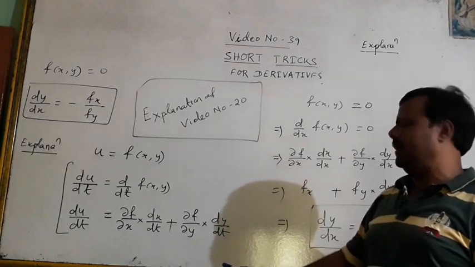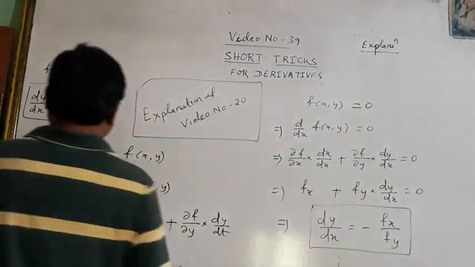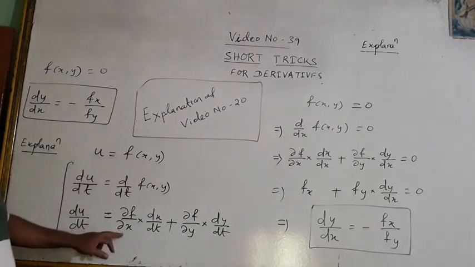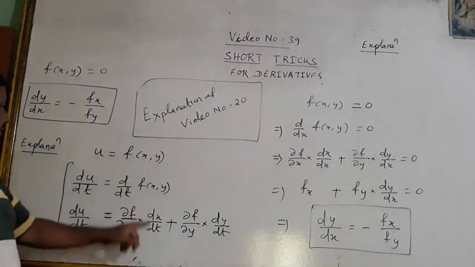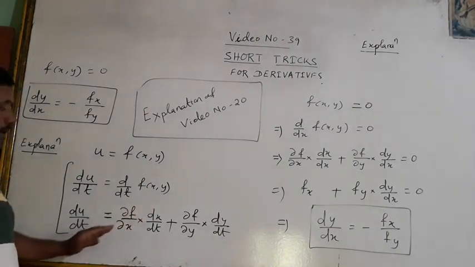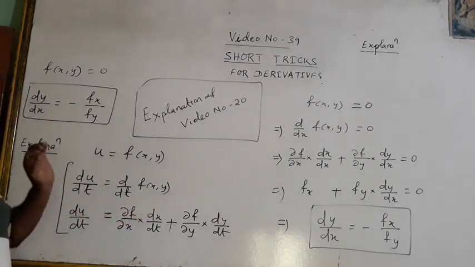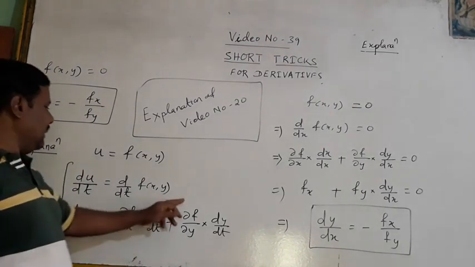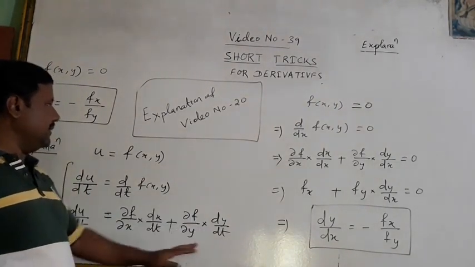I am telling it again. Del f by del x into dx by dt. The dt is here and del x, dx; they will not cancel, but you should think of it in that manner. Plus del f by del y into dy by dt.